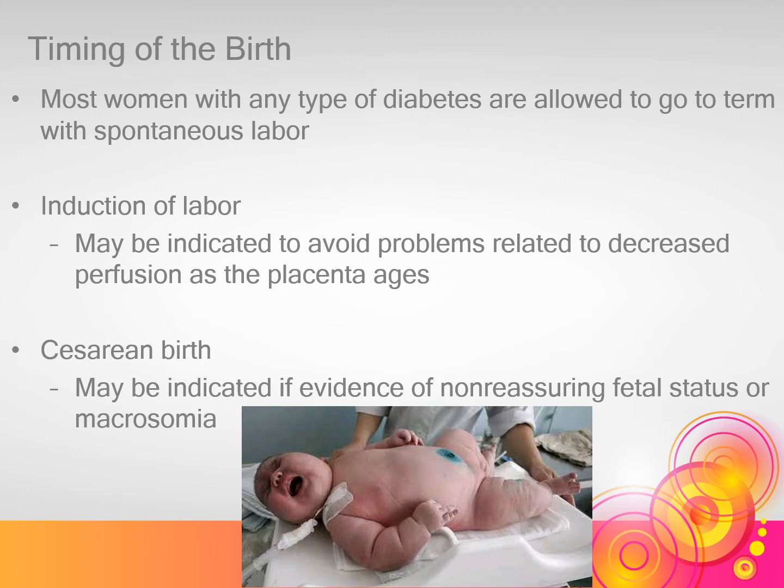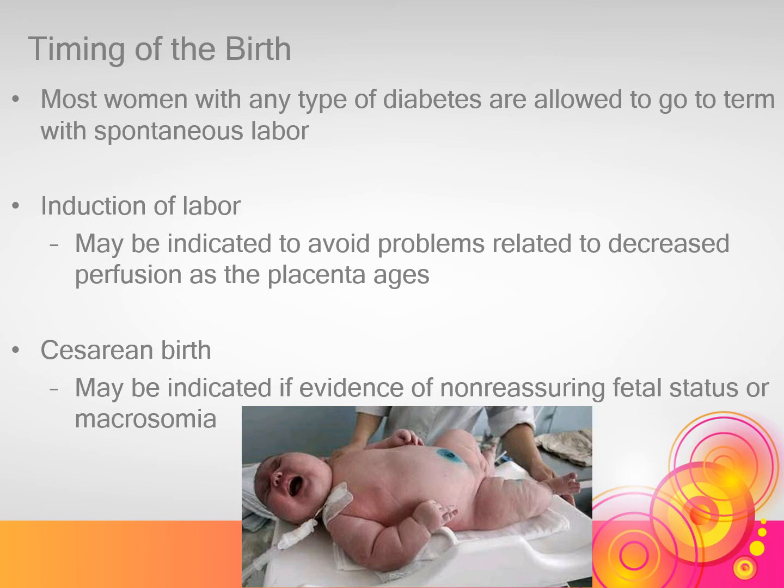Next is timing of the birth. Most women, no matter what type of diabetes they have, we really want them to go to term and we want them to have spontaneous labor. And this is especially true if they are well managed.